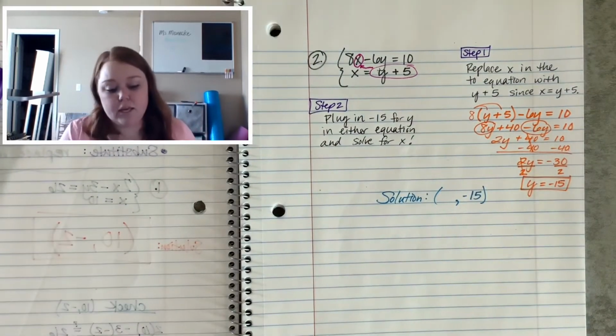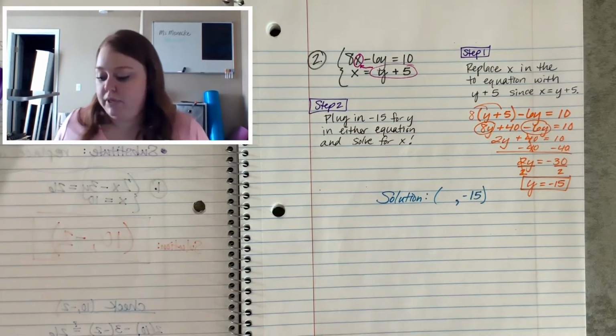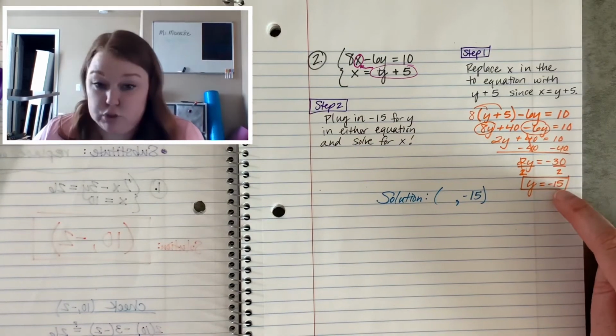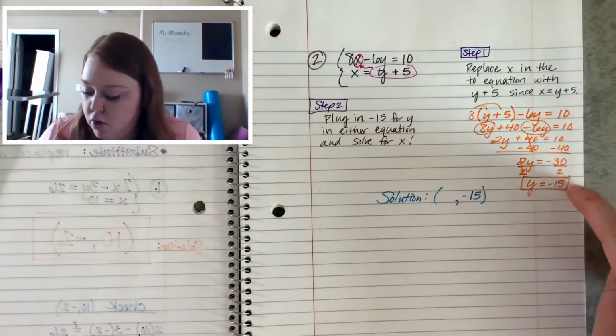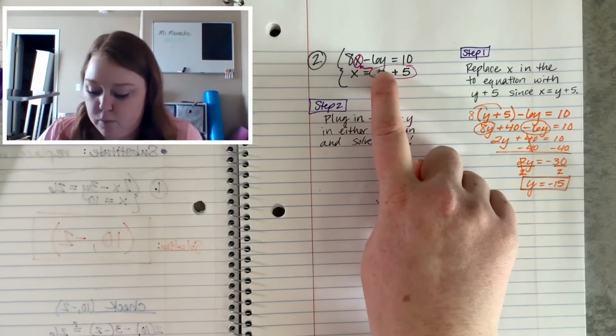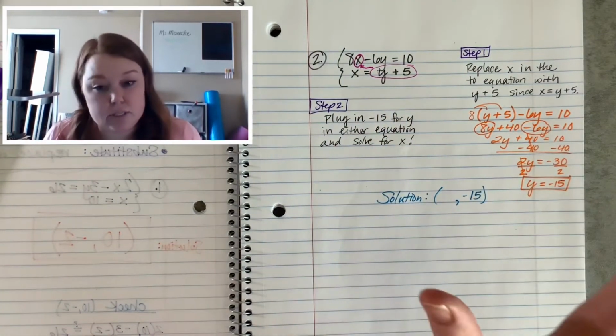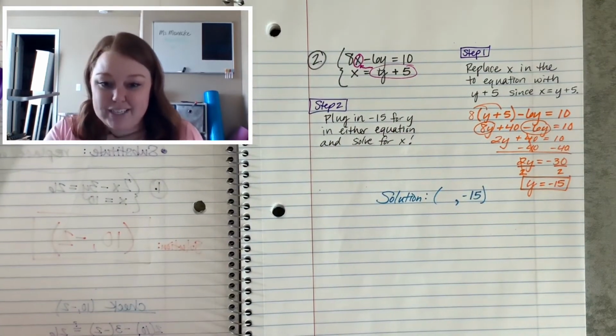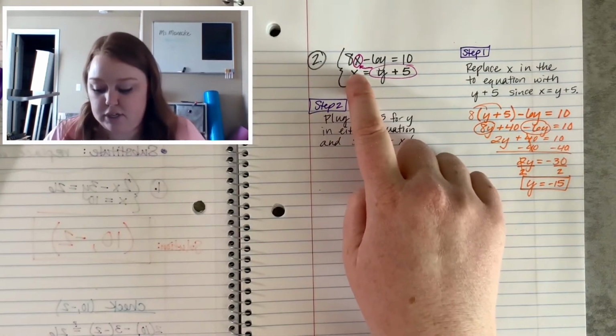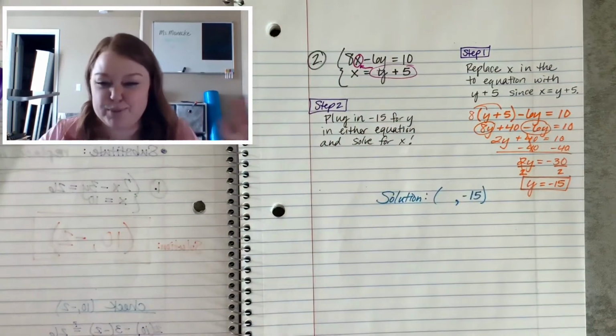Now you should probably look at your choices. Like I told you, you could plug in negative 15 for this y and then solve for x, or you could plug it into the second equation for y and solve for x. You'll get the same answer, but plugging it into the second equation is going to be quicker because our x is already isolated and there's less numbers to multiply by.